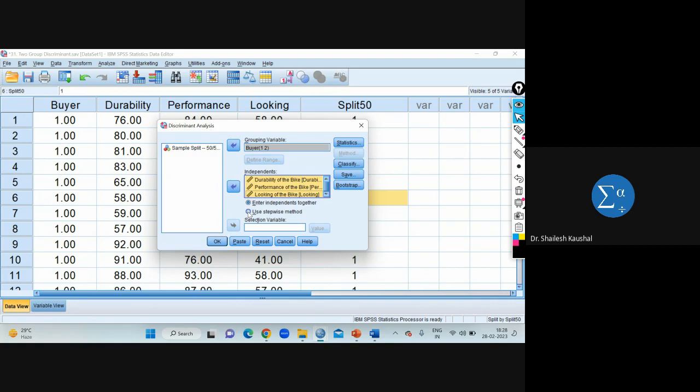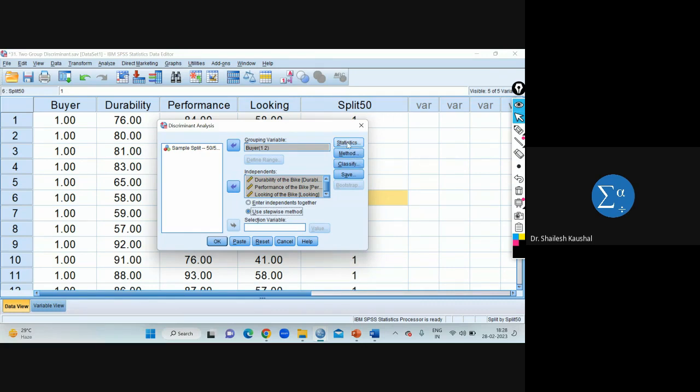Model 1 means one dependent and one independent variable. Model 2, one dependent and 2 independent variables. Model 3, one dependent and 3 independent variables. So here use the stepwise method.